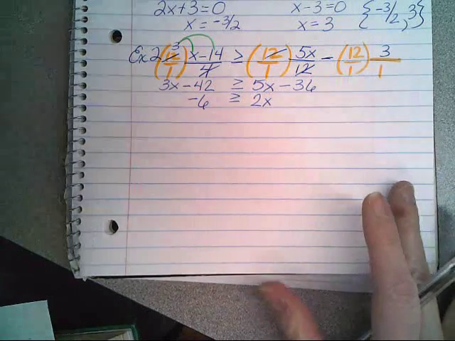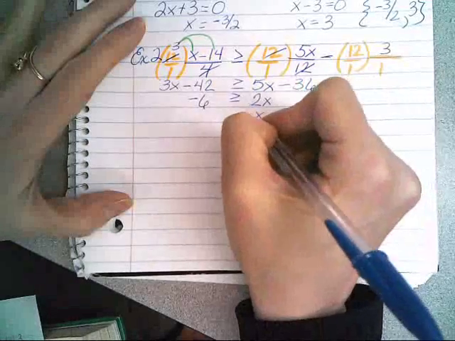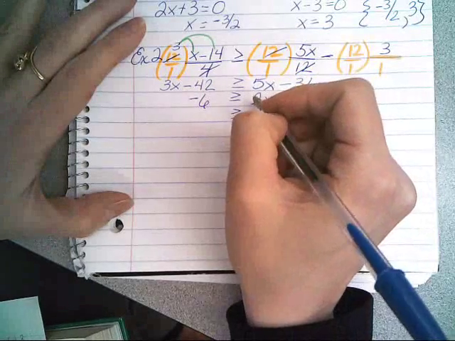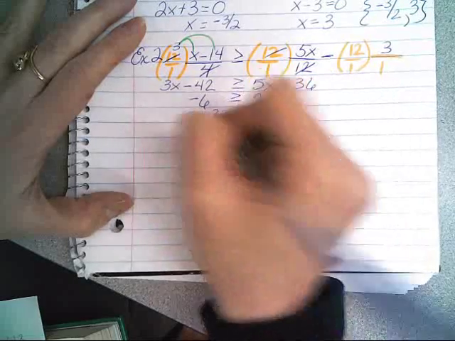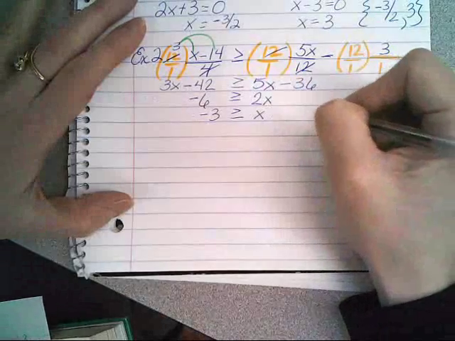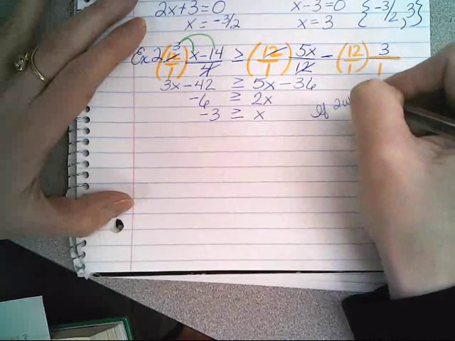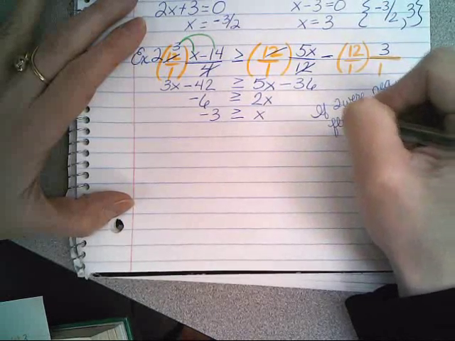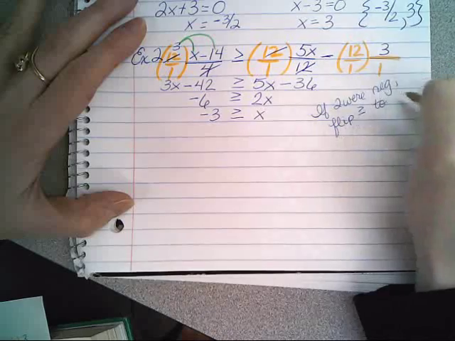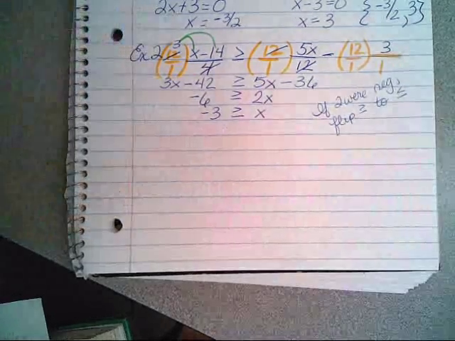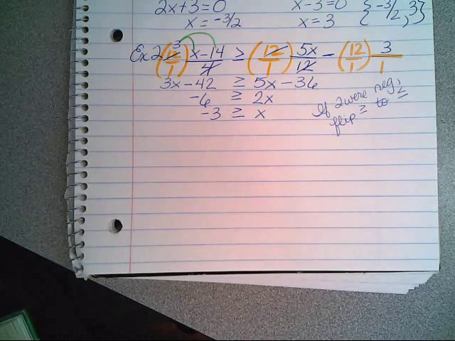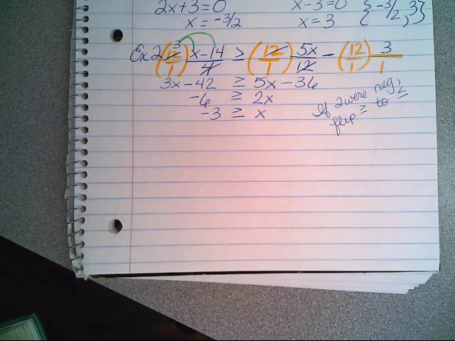Dividing everything by 2, x is less than or equal to negative 3. Now, a warning for you. If the 2 were a negative, you must flip the less than or equal to, greater than or equal to symbols whenever you have a negative coefficient. We don't, but if you did, you would have to.